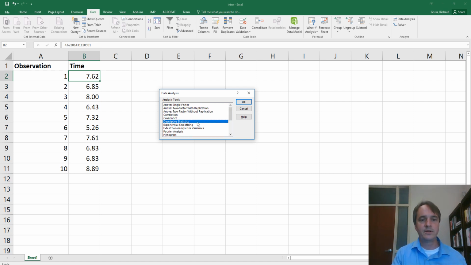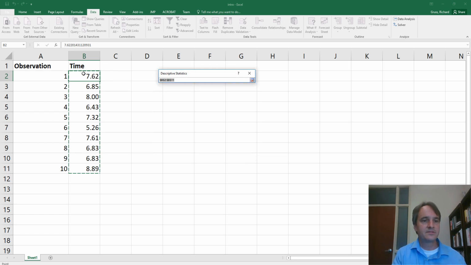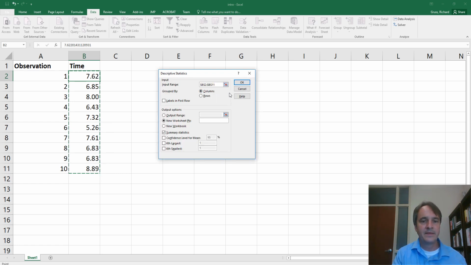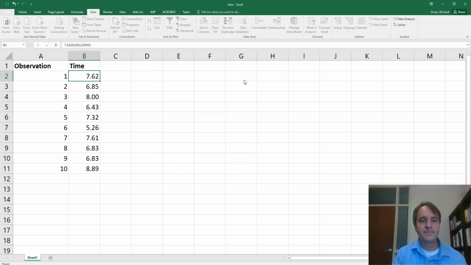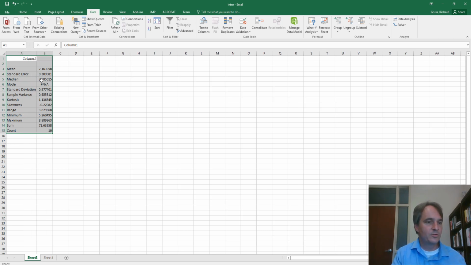For now, let me just show you how this works. If you click Descriptive Statistics, and I've got just a small data set here to show you. I can select this data range here, and with summary statistics selected, it creates a new worksheet where it gives me the mean, the median, and the mode.